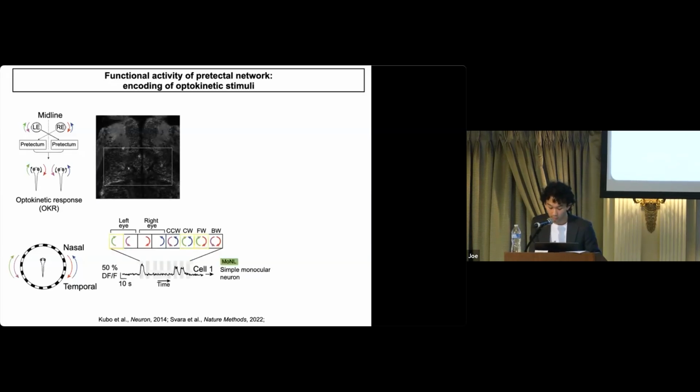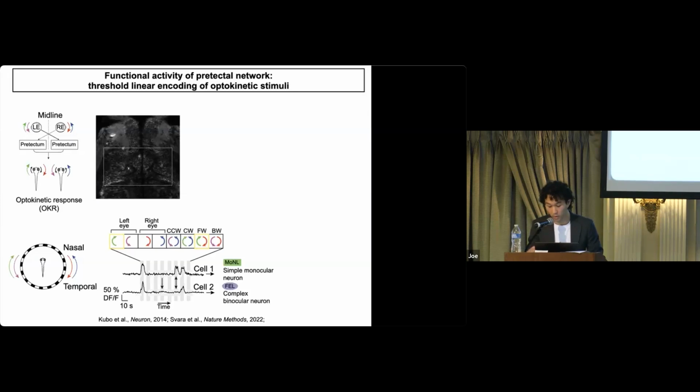So here's an example of the response type named MONL, or monocular nasalward left, which, as the name suggests, responds every time the nasalward motion is shown to the left eye, or this green arrow. Here's another response type called FEL, or forward excited by left, which responds to similar stimuli, except when shown backward motion. Oh, sorry, the labels are wrong.